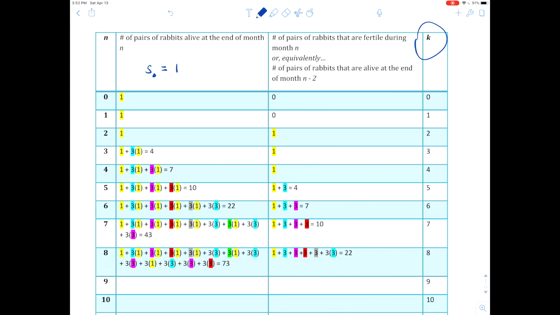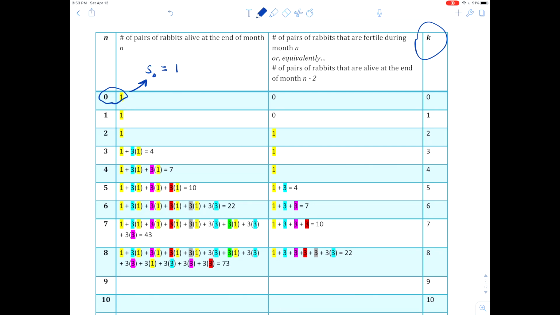So this we said was our S sub 0, meaning our first pair is born. I've counted these in pairs. So basically they're alive at the end of month 0, beginning of month 1. And then they're not ready to breed.